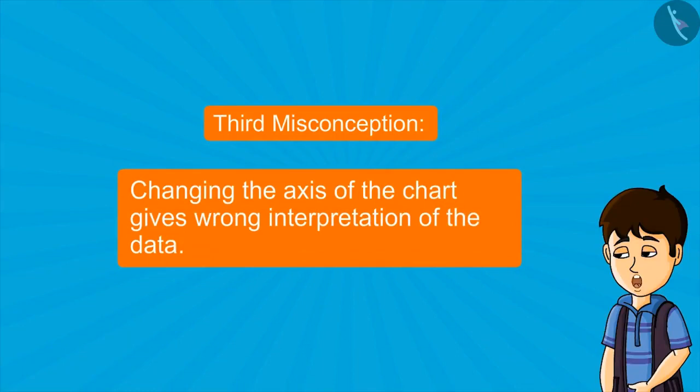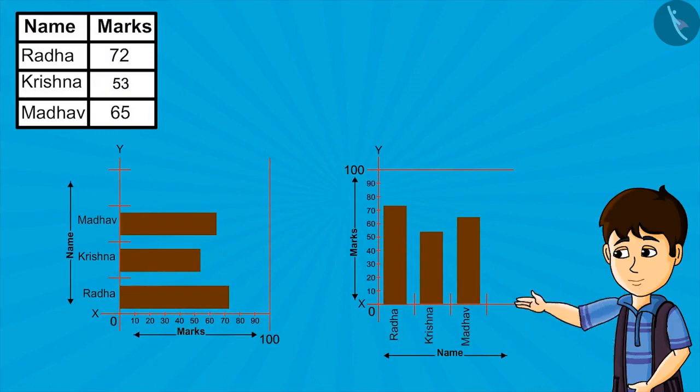Some people also believe that changing the axis of the chart gives wrong interpretation of data. Look at both these charts carefully. We have only changed the coordinate axis, but still, we are getting the same information from the data.